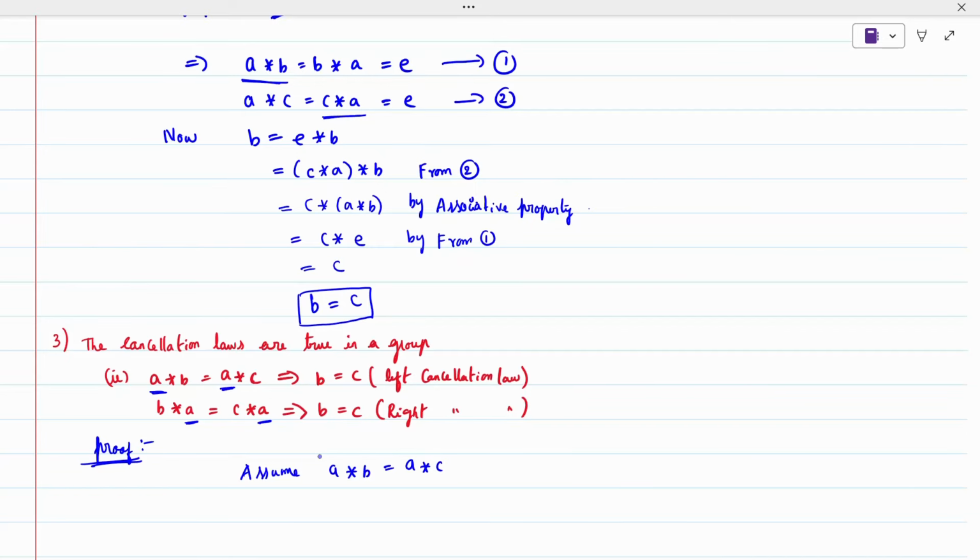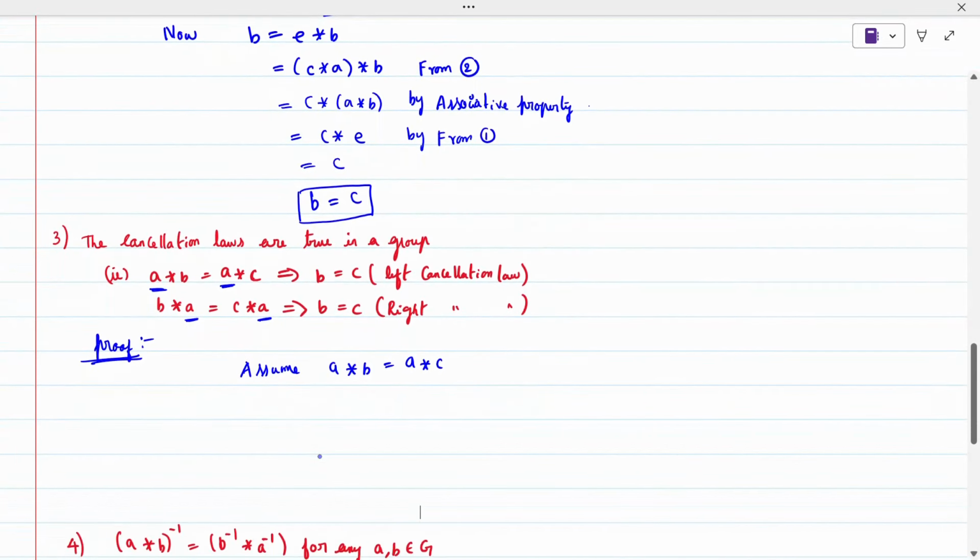Only one I can prove, the other is similar, we can write it. It's not wrong. Okay. So now we know that I can multiply throughout by A inverse. Multiply by A inverse throughout.